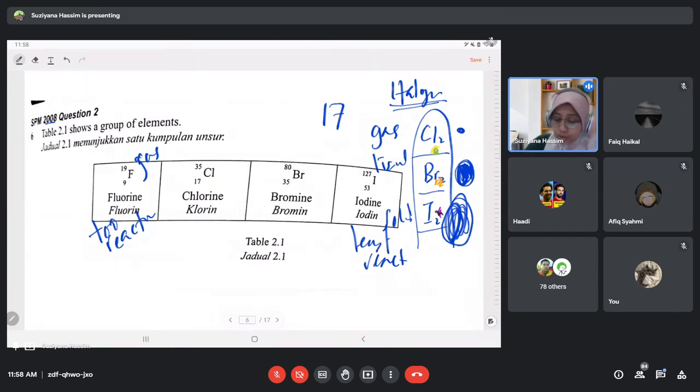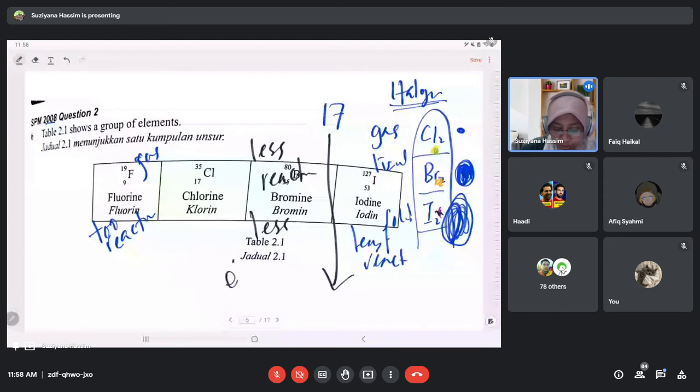So, group 17, when going down, group 17, you boleh conteng kat tangan you. Less reactive. Okay? Is a less reactive. Less electronegative. What mean electronegative, teacher? The tendency of the atom to receive electron.